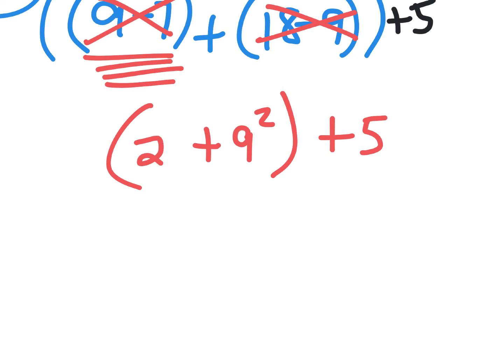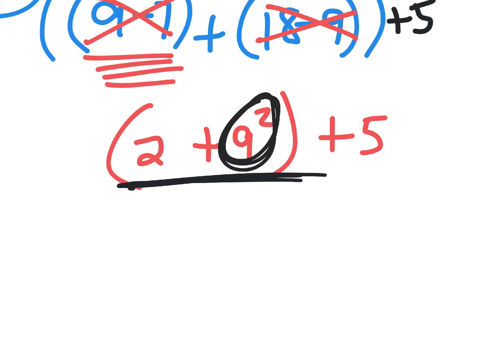Now, who knows what's next? Do I do the 2 plus 9? Nope. What should be first? Exponents. Parentheses are first, so I'm in the parentheses. Then I go, is there any more parentheses? No. Exponents? Yes. So 9 squared, 81. Remember how we can do 2 steps before we rewrite?